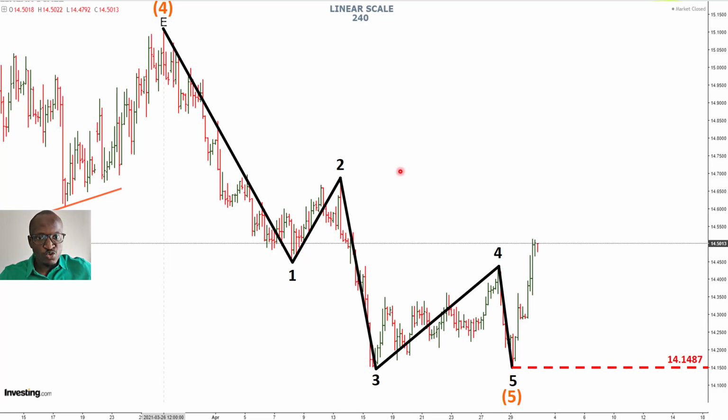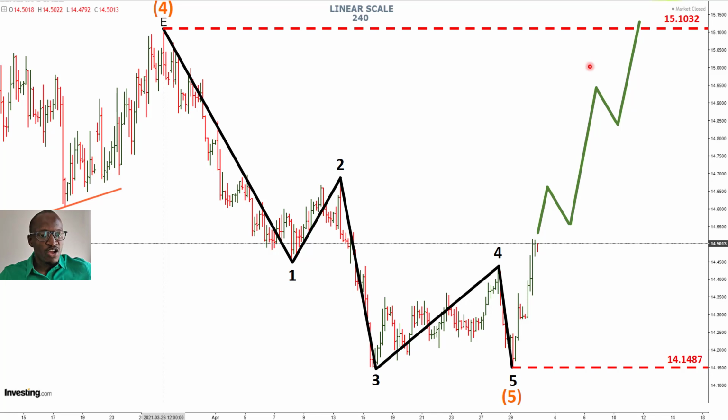So in order for us to confirm that this 1, 2, 3, 4, 5 is the whole of this higher degree wave 5, we have to see the market break above the termination point of this triangle, which only comes in at 15.1032. So there's still some upside before we can confirm that this downside is complete and we are now in a reversal.